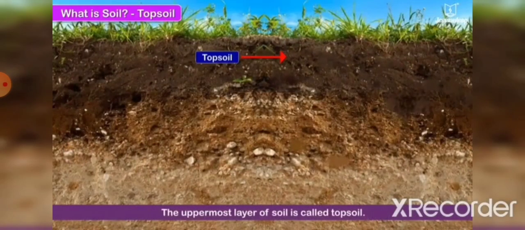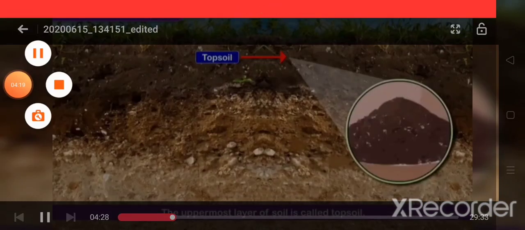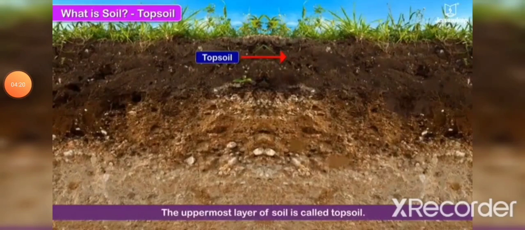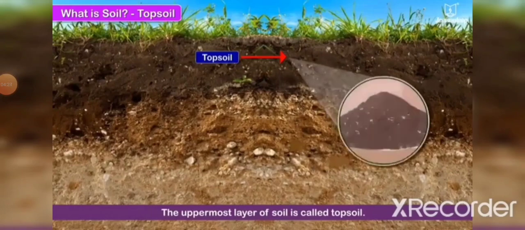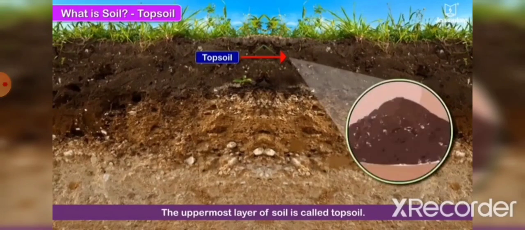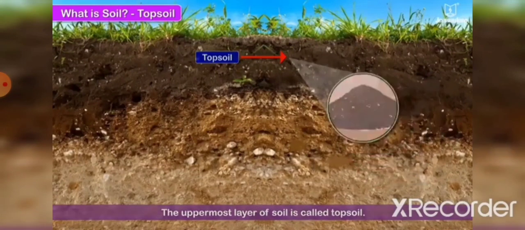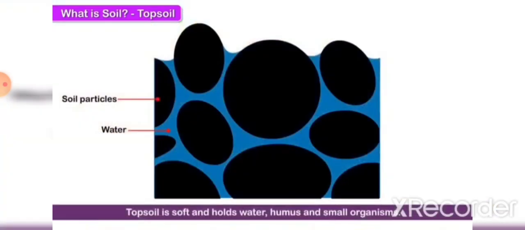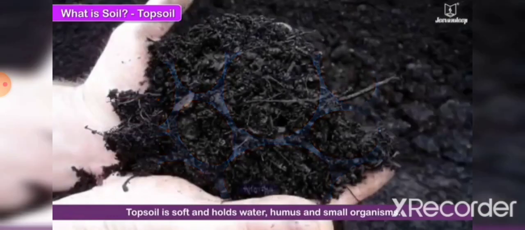The uppermost layer of soil is called topsoil. Soil particles and water are the content of the topsoil. Topsoil is soft and holds water, humus and small organisms.